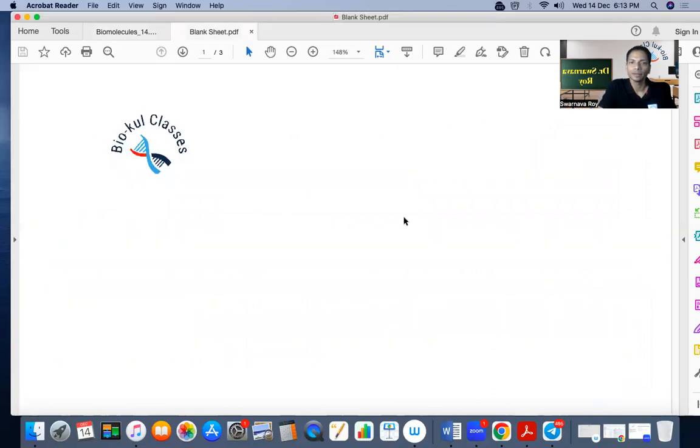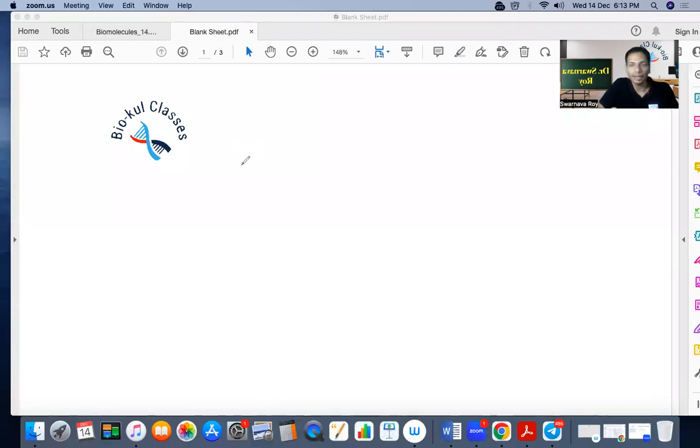So here we have one amino acid. Let's say this is amino acid 1, and it looks like this. It has a carboxylic functional group, an amino group, H, and this is R1, the side chain R1.